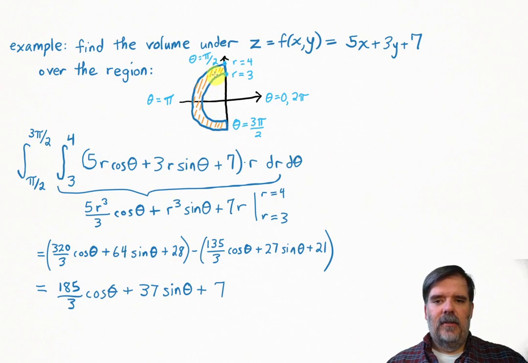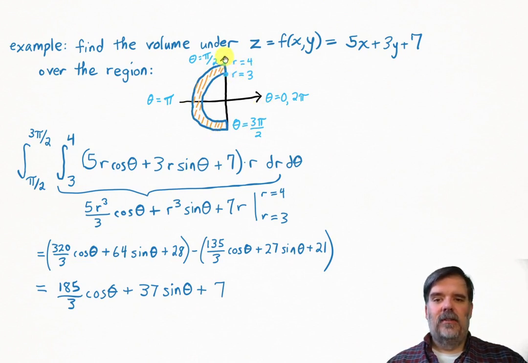Right? We're interested in this shaded region. It starts at the circle where r equals 3 and extends out to the circle where r equals 4. So the boundaries on r are 3 to 4. In this case, we only have the left-hand side, though. It's almost like half of a ring, right? Half of a donut.